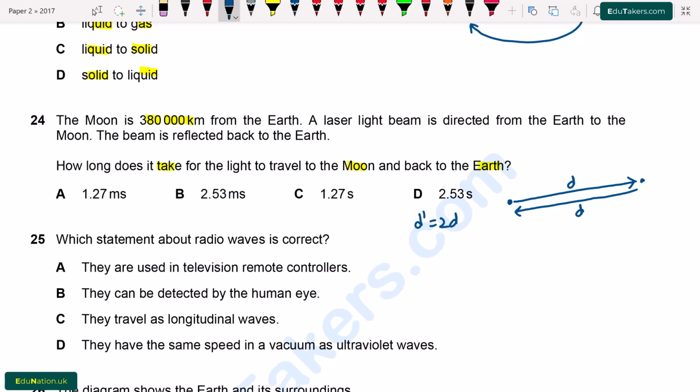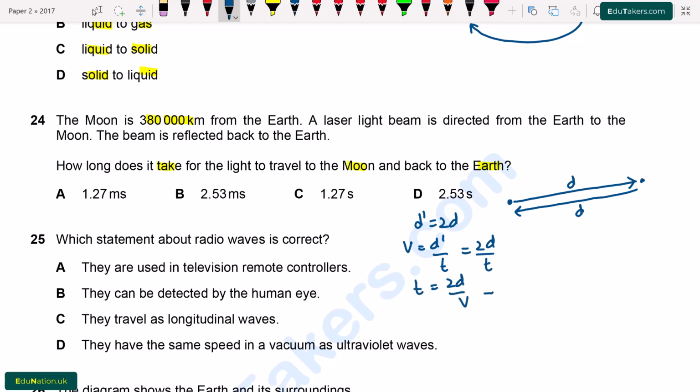Also we know that v is equal to d by t. So I write here v is equal to d prime by t. Here d prime is equal to 2d over t. So t will be equal to 2d over v.